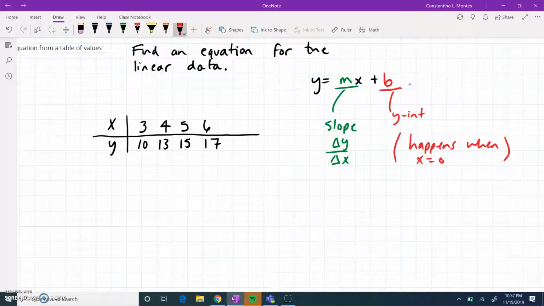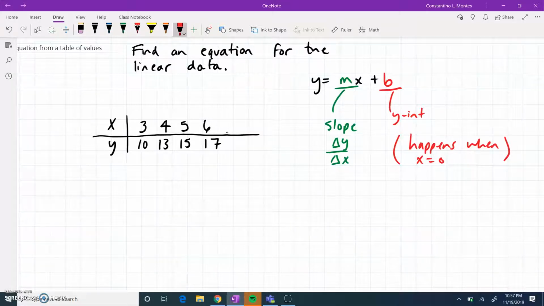We're going to keep that in mind because if we can find when x is 0 here on the table, straight across from it, we should be able to find our y-intercept. So if I had a 0 right here, and for whatever reason, on this side I had an 8, we would recognize 8 as the y-intercept because x is 0. It's not on here, and I'm going to show you guys how to find that in a second.